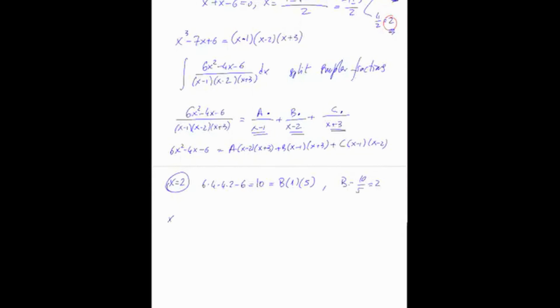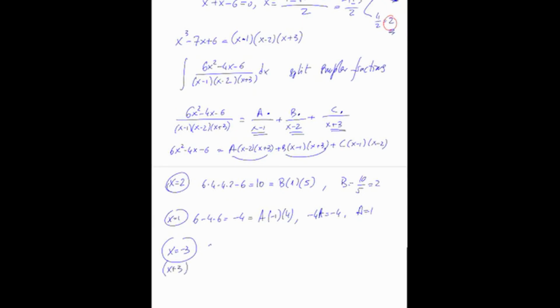For x equal to 1, on the left side we have 6 times 1 squared, which is 6, minus 4 minus 6 is minus 4. Now on the right, for x equals 1, 1 minus 2 is minus 1, and 1 plus 3 is 4, so that the two terms are 0. So you get minus 4 equals minus 4A, A equals 1. Now for x equal to minus 3, which corresponds to the x plus 3 factor, what do we do?